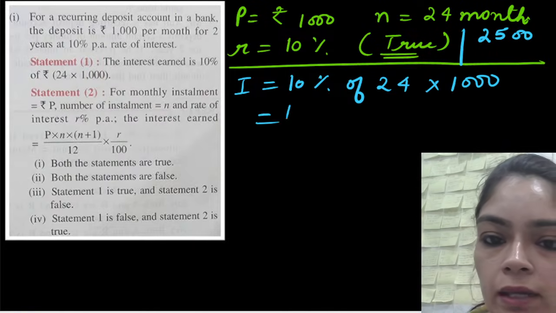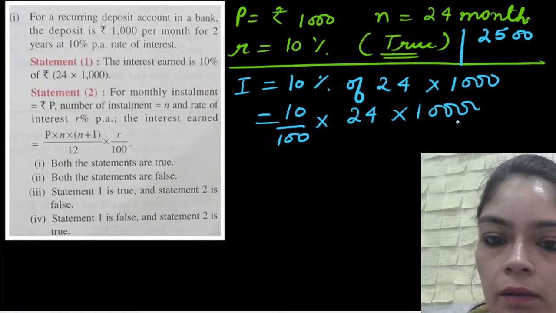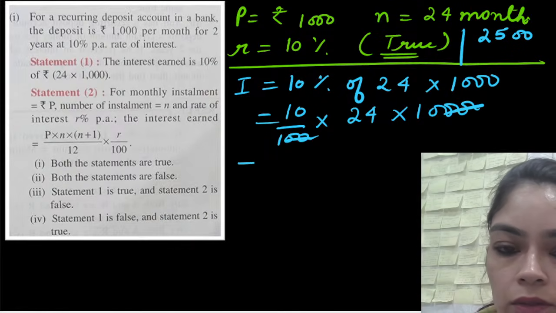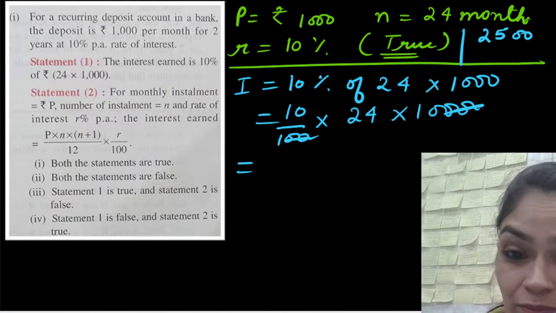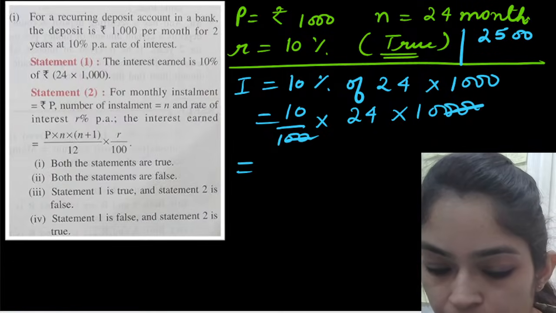We'll just simplify. Percent means by 100, of means multiplication. So we can cancel here 2 zeros. So is it the same? Is the value the same or are we getting something different?